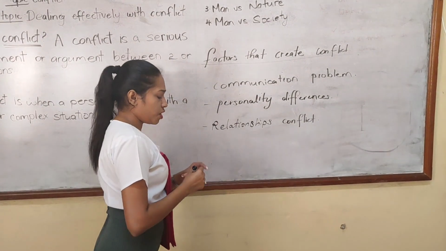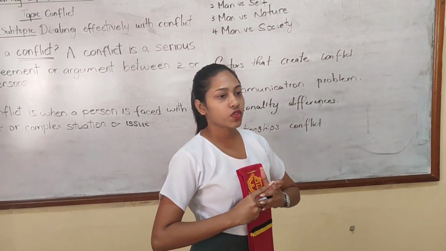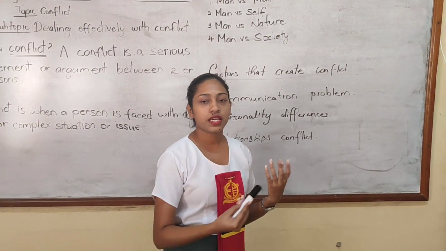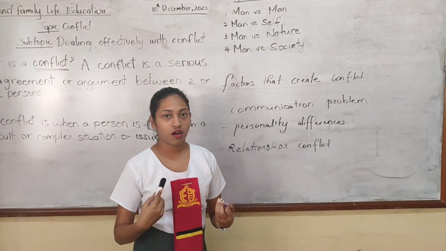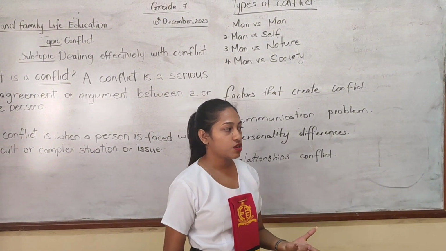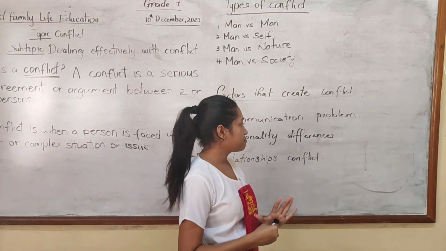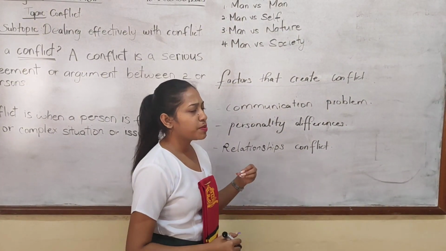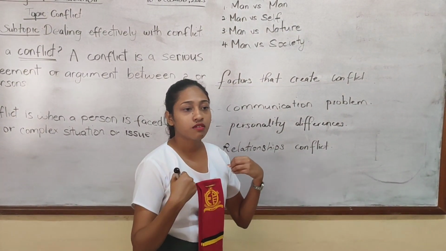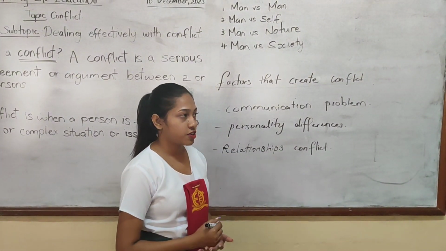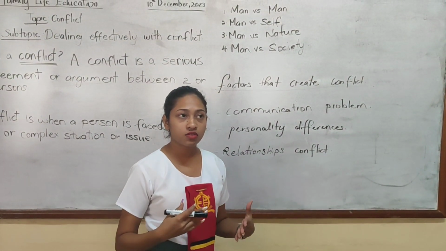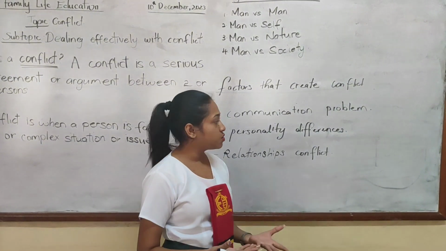Alright, so communication problem is like you're not communicating well or expressing your views. So communication problem is like you're not being honest to each other, or you're not open, or you don't know how to relate certain situations.